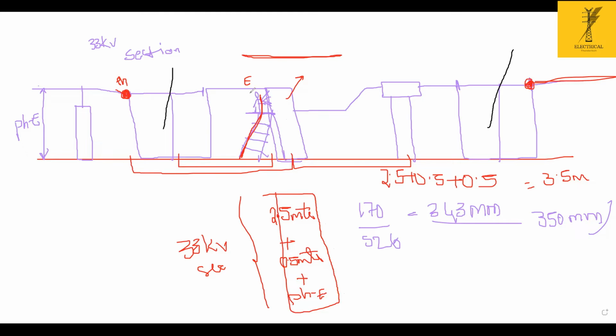When a person is attending work here, I am ensuring that the person can do work on this section when the other section is in a charged condition. Maybe that other phase or that phase.